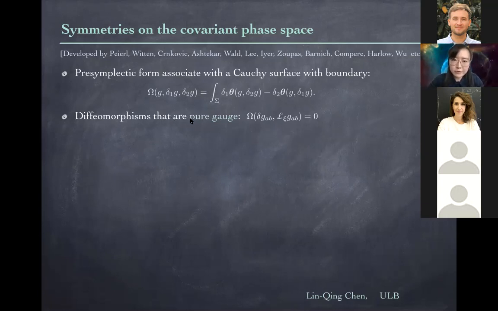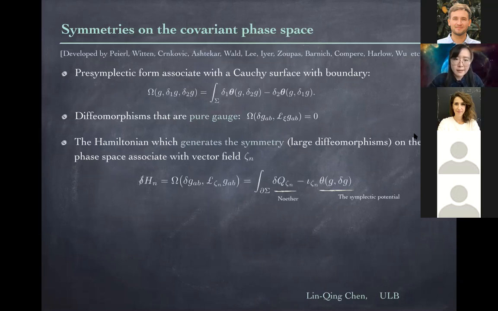The diffeomorphisms which are pure gauge correspond to the degenerate direction of the symplectic form. The non-trivial part will correspond to a Hamiltonian which generates the symmetry, or in other words, the large diffeomorphisms on the gravitational phase space associated with this vector field.